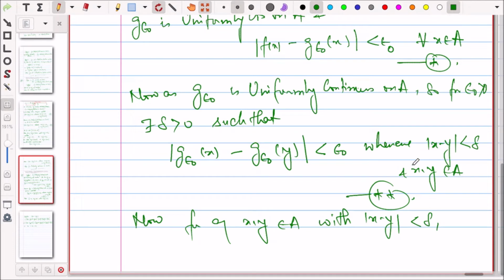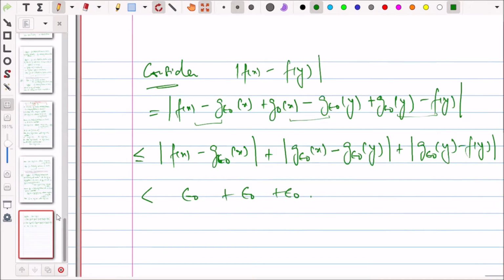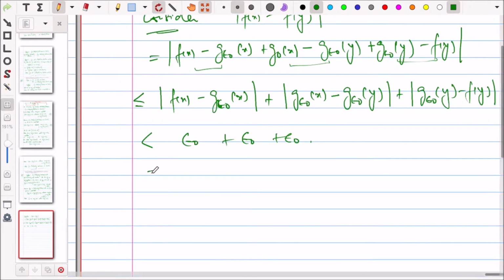So we can apply double star also and star also. So this is equal to 3 epsilon naught, which is equal to epsilon.